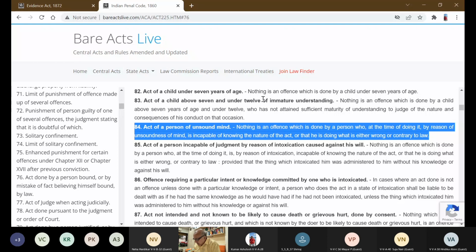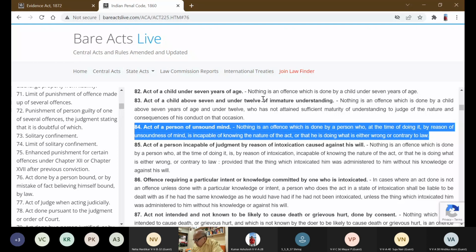Section 46: Facts bearing upon the opinions of experts. Facts not otherwise relevant are relevant if they support or are inconsistent with the opinion of the expert when such opinions are relevant. Now see what this 46 says. Facts bearing upon opinions of the expert.